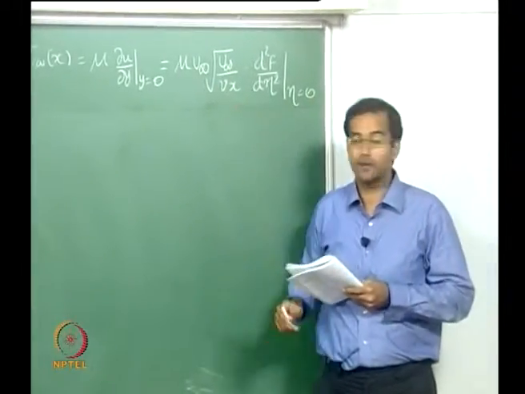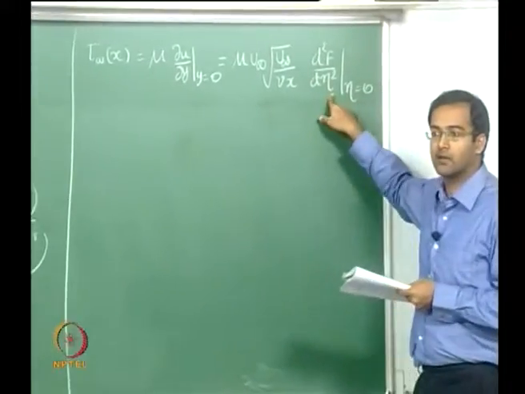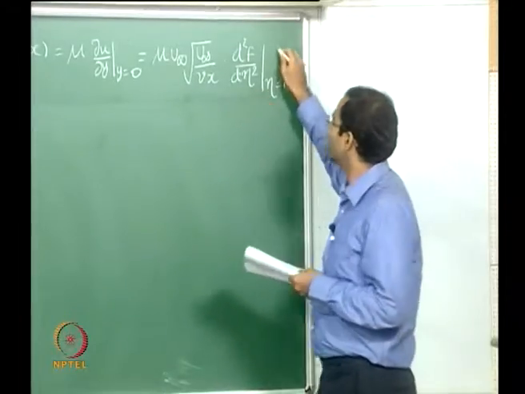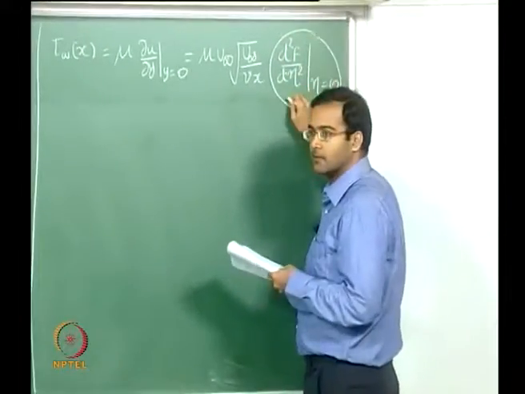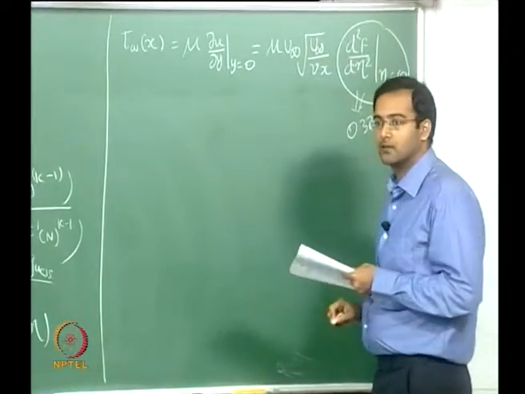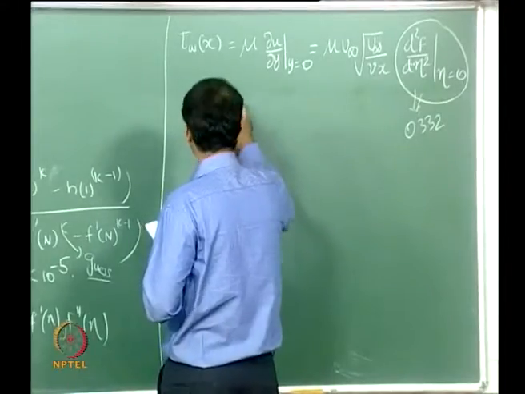We have derived it. Now, as he said, we have got this value either numerically or from the Blasius solution, that at eta equal to 0 the curvature is 0.332. Therefore your tau wall is given by this.